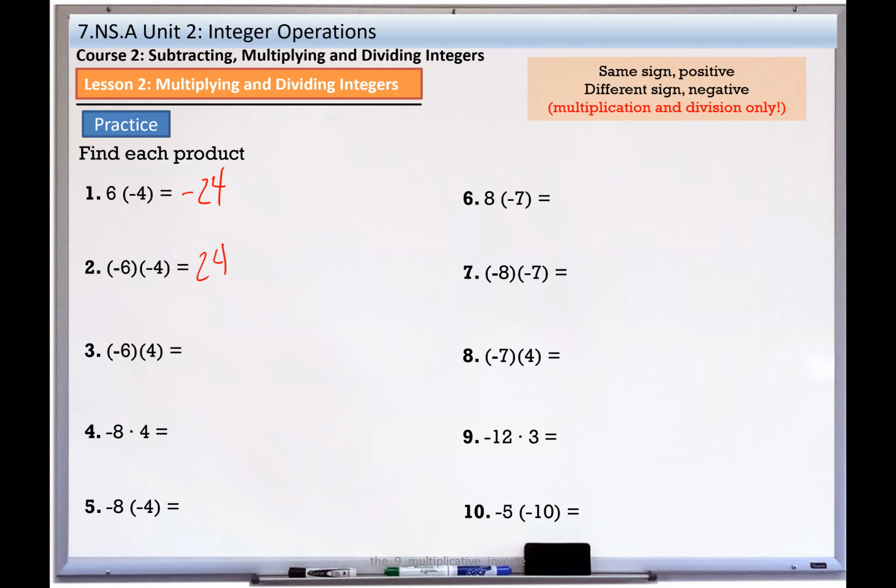Negative 6 times 4, different sign, negative. Negative 8 times 4, different sign, negative. Negative 8 times negative 4, same sign, positive.